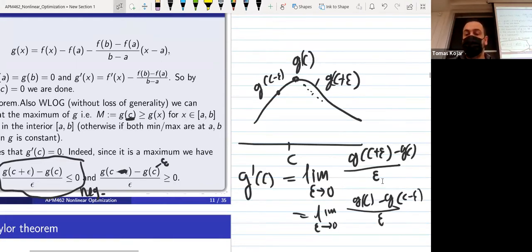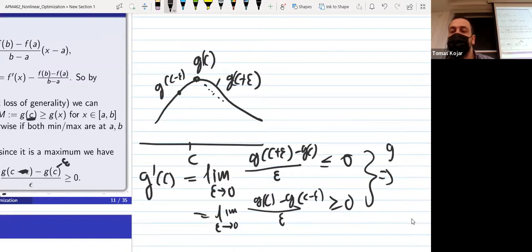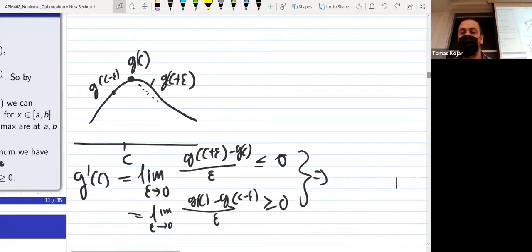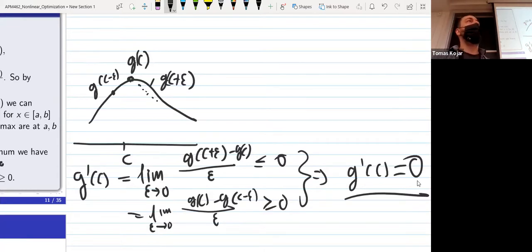The first one is less than 0, and the other one is bigger than 0. So g prime of c will have to be 0. Okay, that's the trick. That's all there is. So this is the entire proof of the mean value theorem, completely self-contained. Usually you have to prove Rolle's theorem and Fermat's theorem. I put them all in one slide, so you don't have to go back.